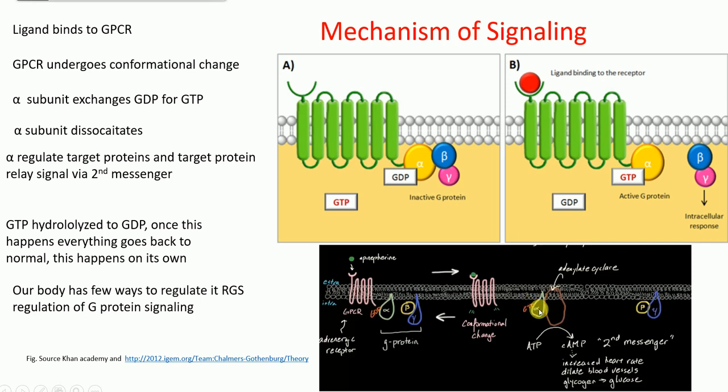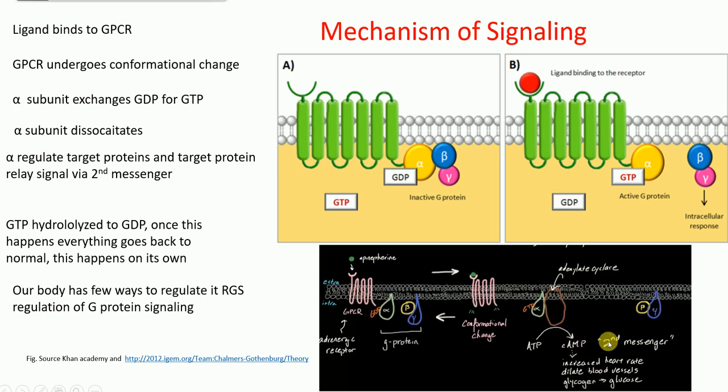Then the alpha subunit dissociates from the beta gamma dimer and regulates the target protein, which in this case is an enzyme, adenylate cyclase. The function of adenylate cyclase is that it converts ATP to cAMP.